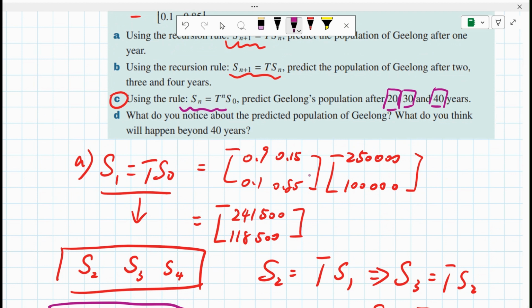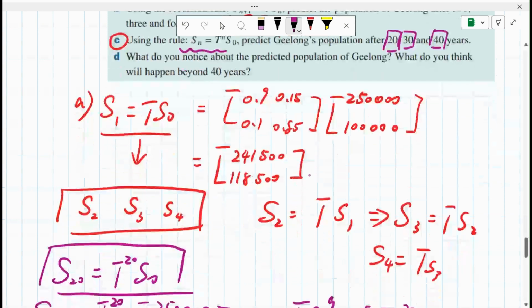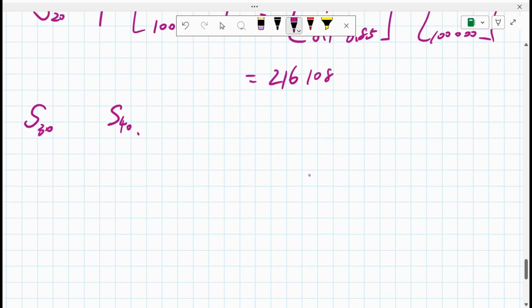We could say Geelong is declining from the initial 250,000 people to whatever you calculate after 40 years, but appears to stabilize at around some number of people. Write down your thoughts about the Geelong population. So that's question D.